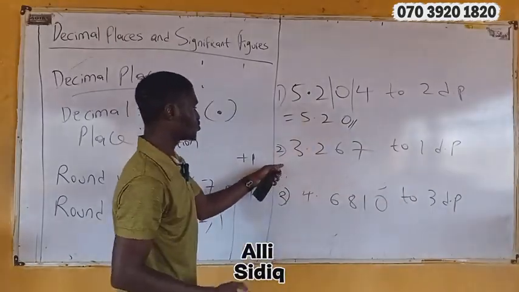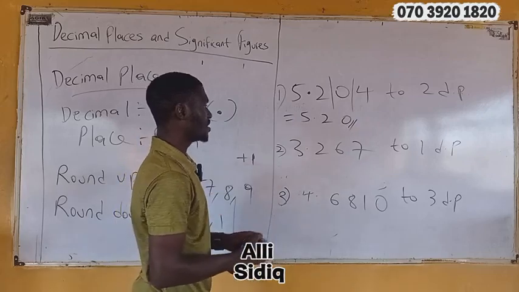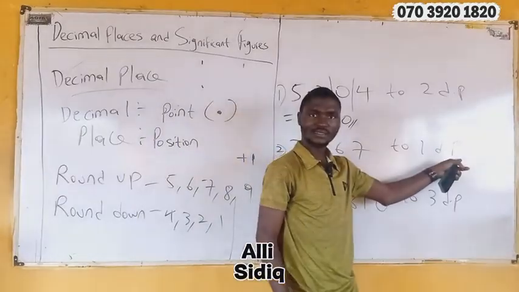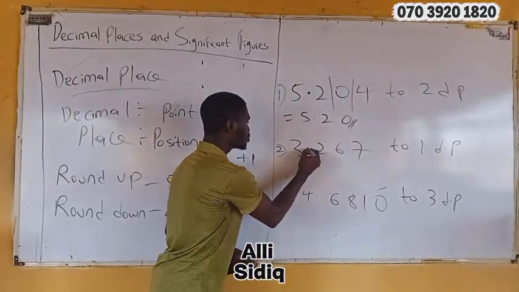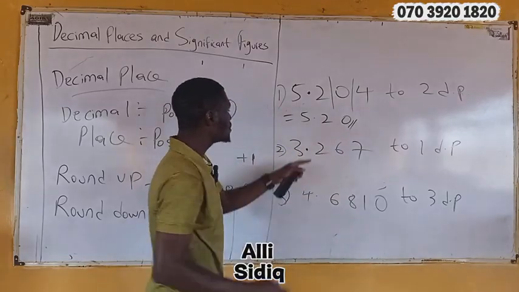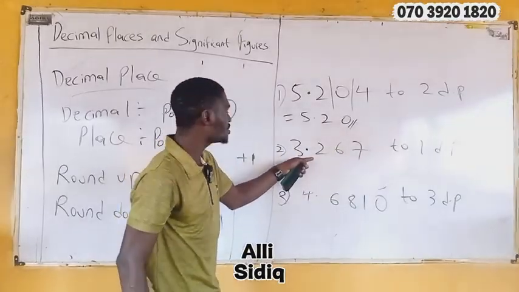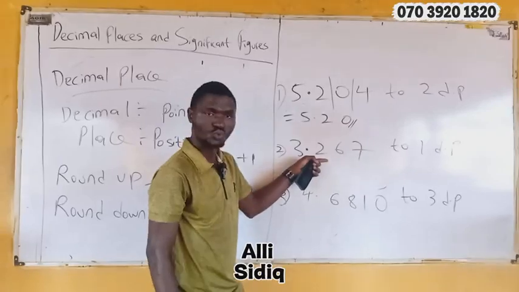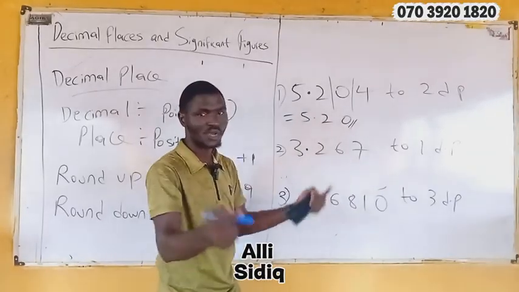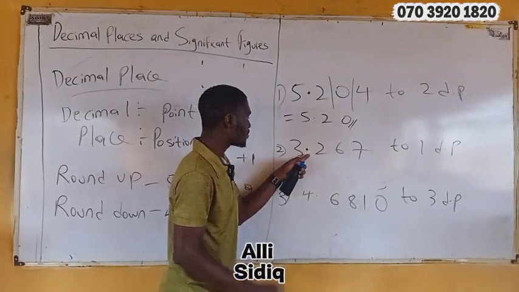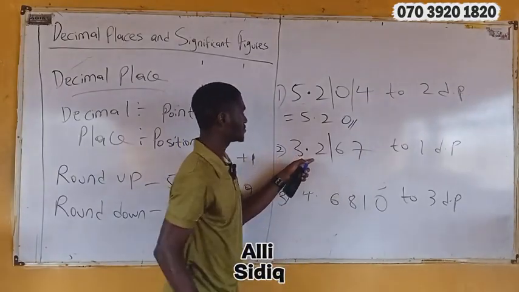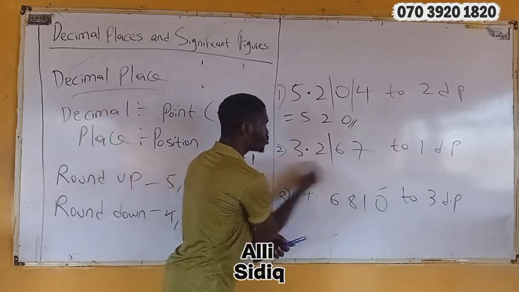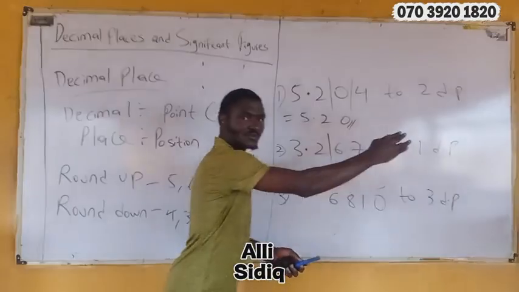Now let me use this number 2 as an example again. The question says you should take this to 1 decimal place. Like I said, you start from the number immediately after your point, which is 2. I'm taking it to just 1 decimal place. I've given a boundary between 3.2 and 6.7.